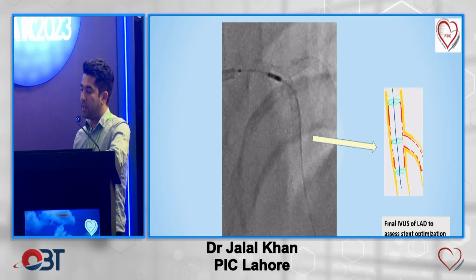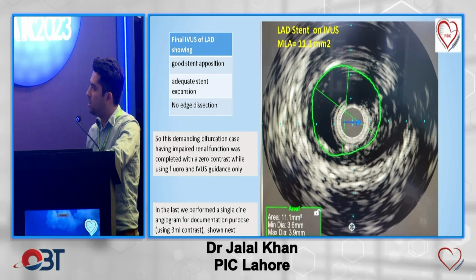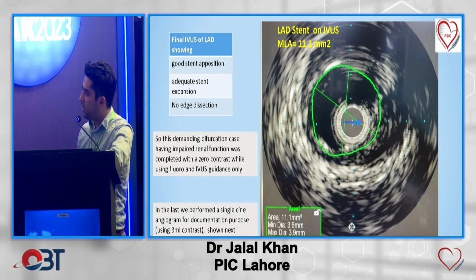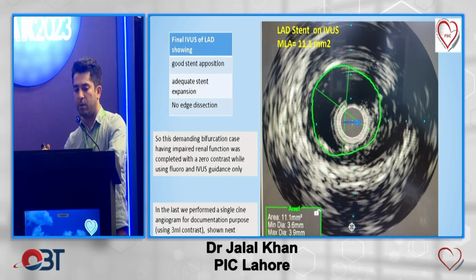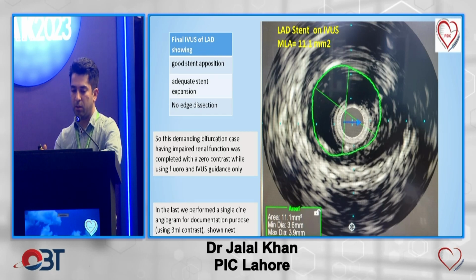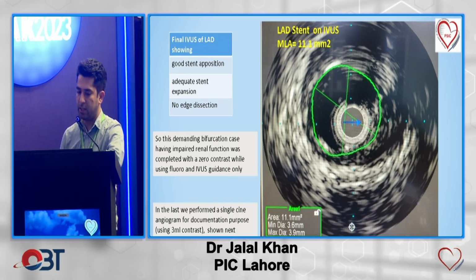After doing it, we did IVUS of the LAD to know if there was any malapposition, and the IVUS showed a minimal luminal area of around 11.1 millimeter square. Without giving any contrast and with the help of IVUS, we achieved good stent apposition with adequate expansion and no edge dissection.